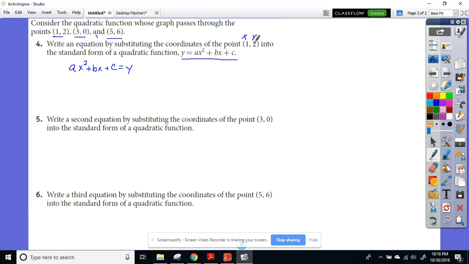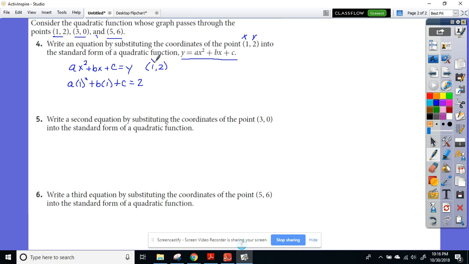I can take this 2 and plug it in there for y. So this, for the point 1, 2, becomes a times 1 squared plus b times 1 plus c equals 2. All I did was plug the 1 in for the x.